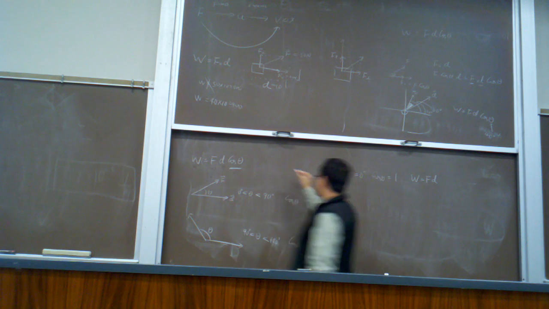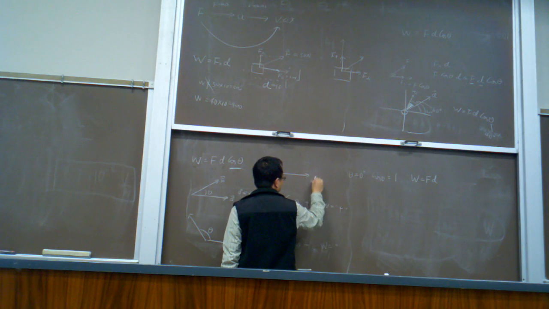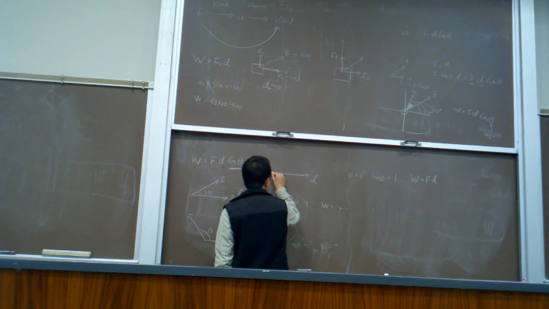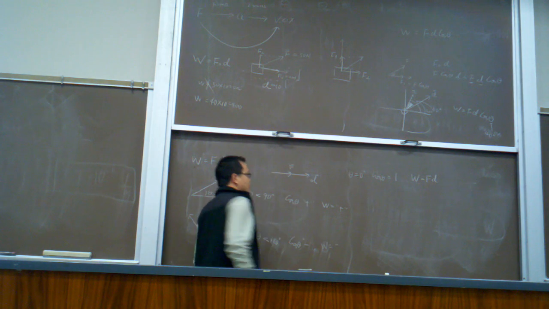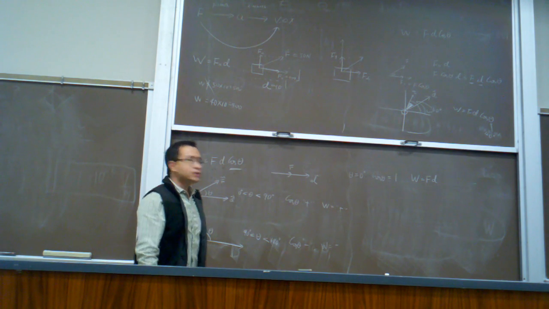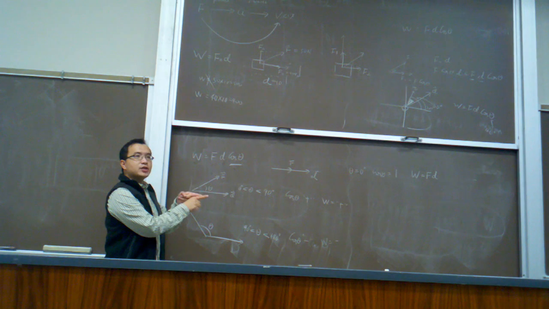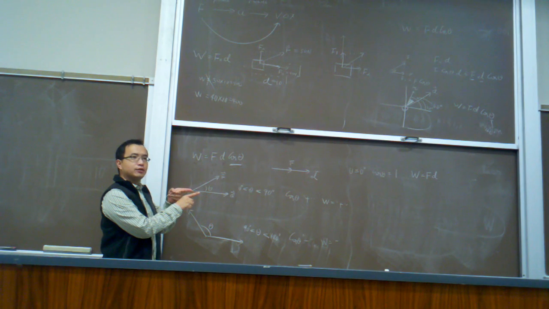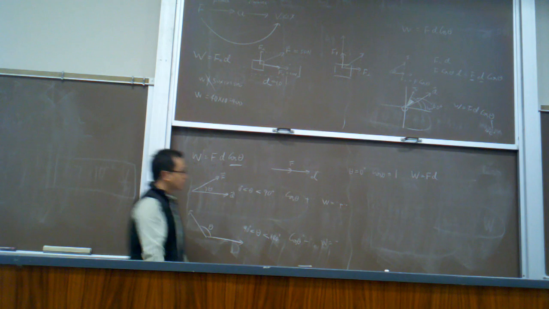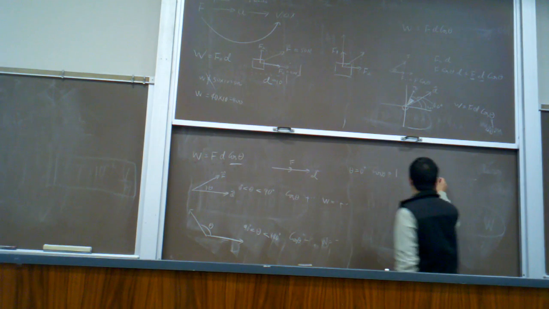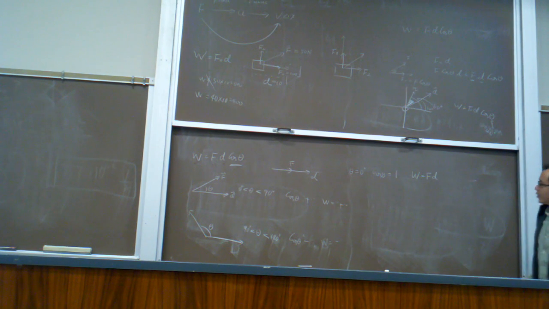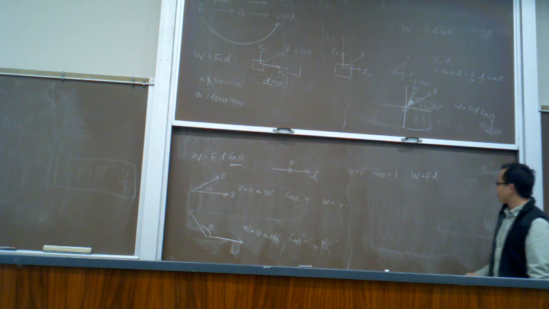That corresponds to this situation. This is the direction of d, the distance. Force is also along this direction. In this case, all the force gives you a positive contribution to the motion. So in this case, W equals Fd.